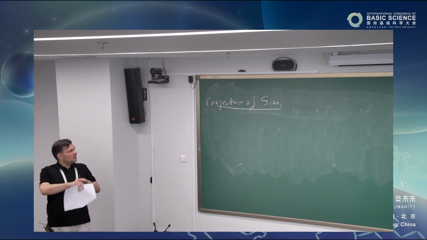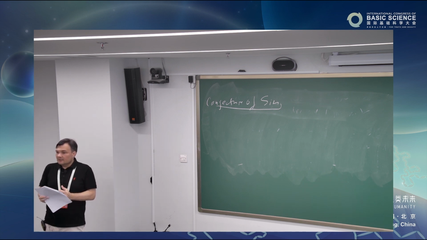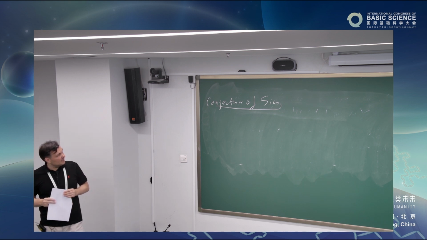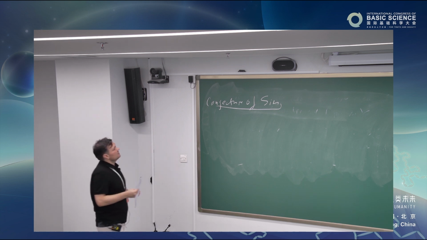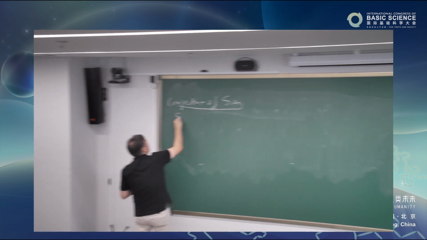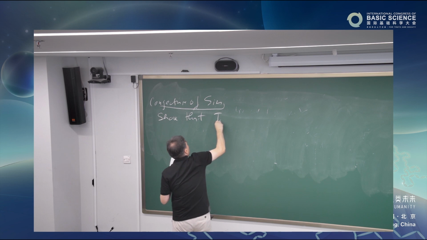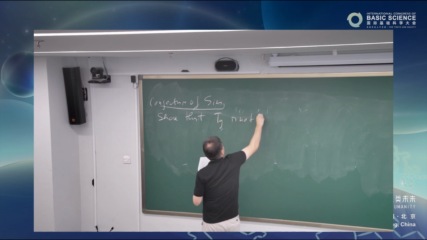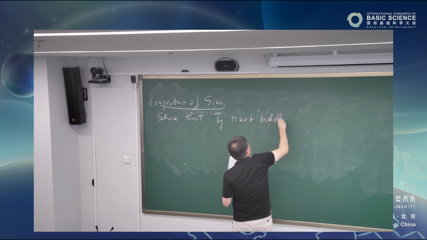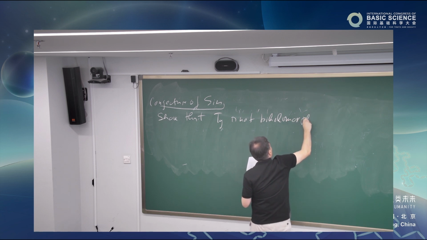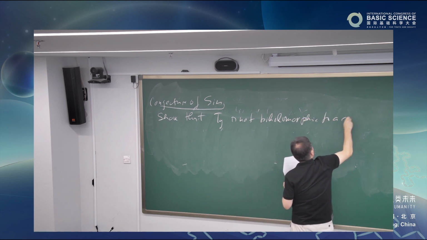But can you do it so that the image is convex? This was the conjecture of Seal: show that the Teichmüller space is not biholomorphic to a convex domain.